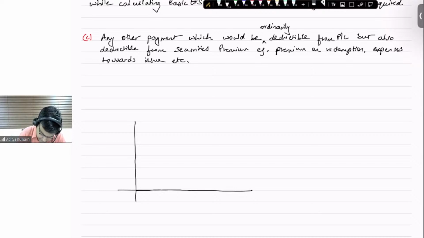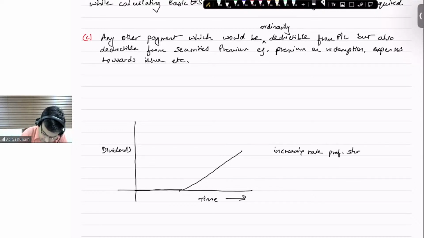This is time. This is dividends. Initially no dividends, and then suddenly my dividends start to increase. These are known as increasing rate preference shares.